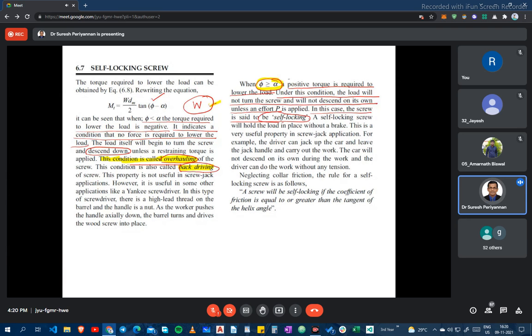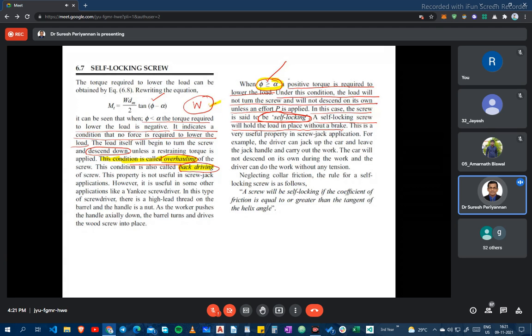If you are not understanding, please ask me, I will explain any number of times. The self-locking screw will hold the load in place without a brake. Here we are not applying the brake. Whenever we lift the weight, even if you leave the handle, the weight should not come down. That is called self-locking.